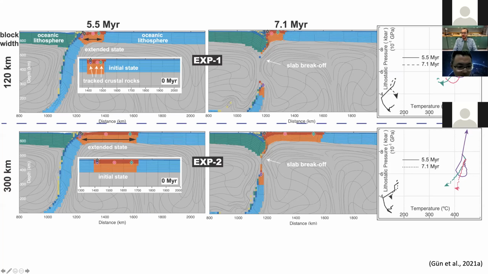So here, for example, it starts almost under 8 kilobar and exhumes to around 5 kilobar-ish pressures. But here it is 7.5, maybe barely 5.5. So there is a decrease in pressure.